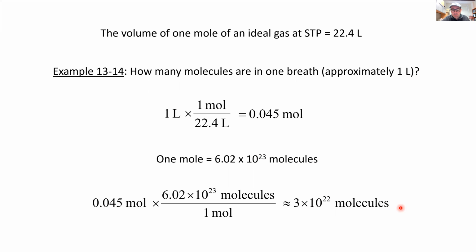So every time you take a breath, 10 to the 22 molecules are moving in and out. 10 to the 22 is a 1 with 22 zeros after it, and maybe times 3 or so. That's a huge number of molecules. These numbers are so big that we really have no clear intuitive understanding of them. It's just a humongous number of molecules.